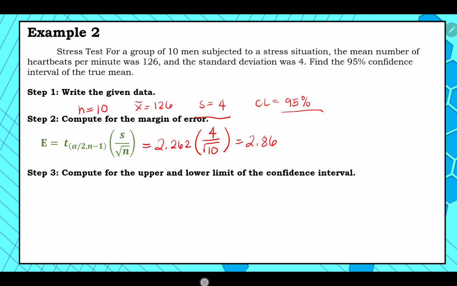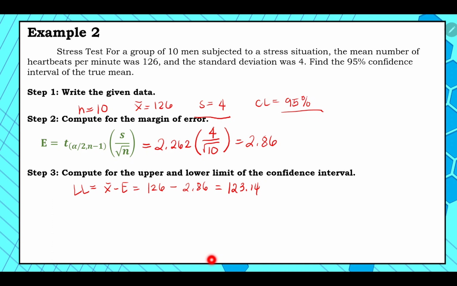So to compute for the upper limit and the lower limit, follow the formula. Mean minus the error, which is, our mean is 126 minus the error 2.86. We'll have 123.14 heartbeats per minute.